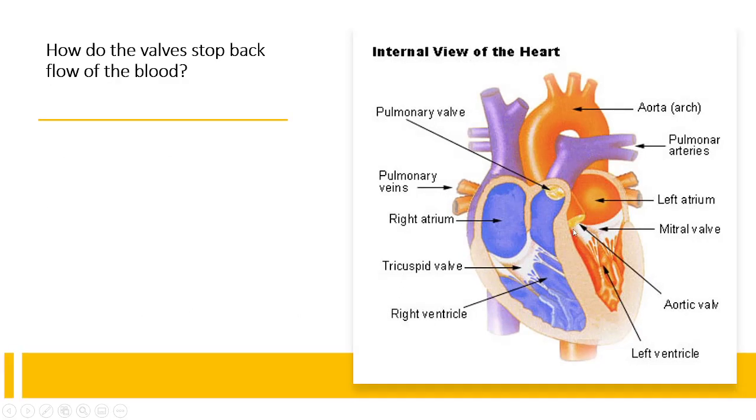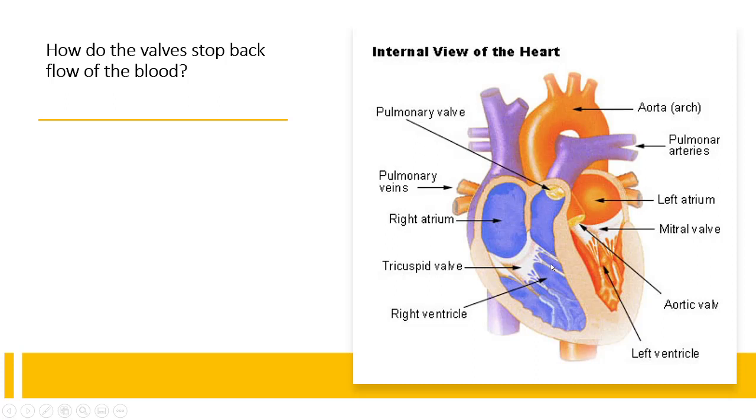So how do the valves stop the backflow of the blood? Because when the heart, for example, when the right atrium gets filled with blood and it starts to push the blood through the tricuspid valve into the right ventricle, then the right ventricle will start to contract and push the blood up.